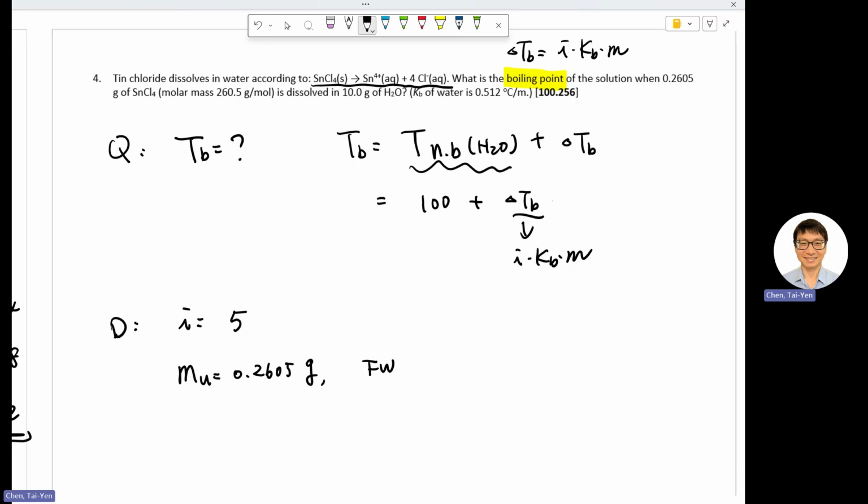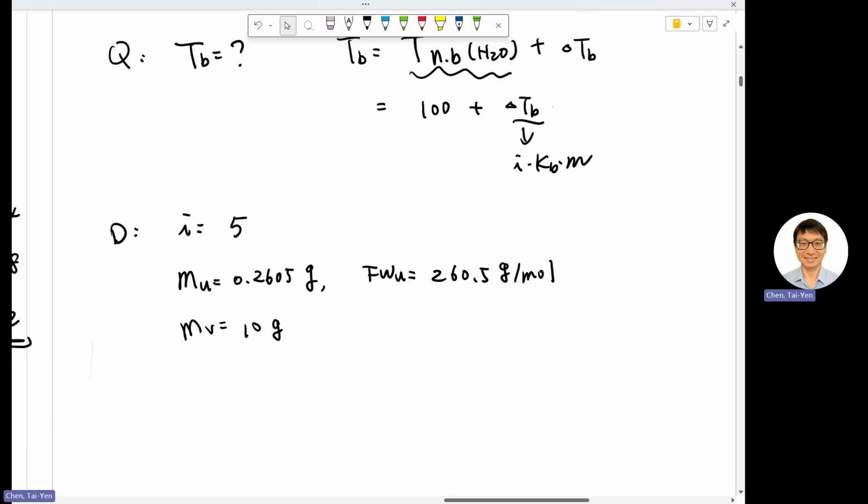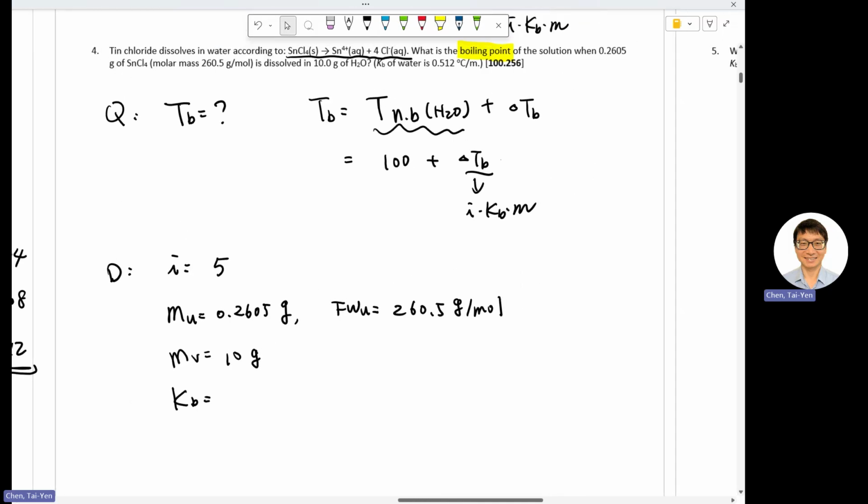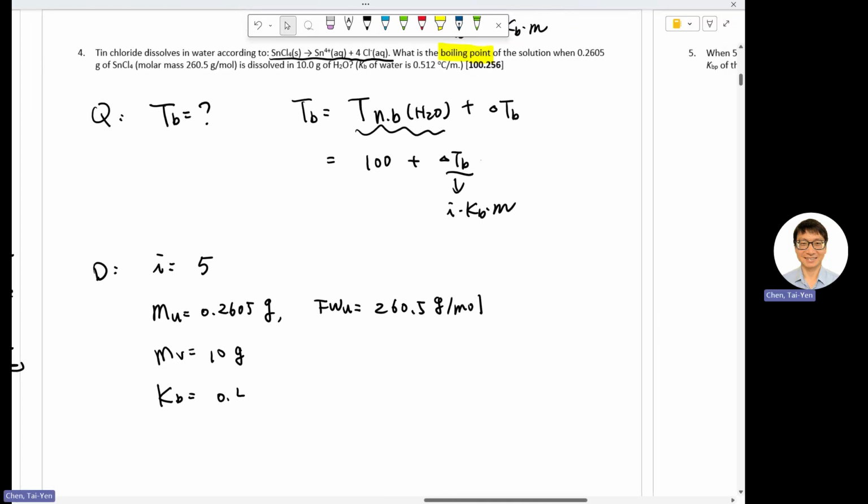The formula weight of your solute is 260.5 grams per mole. Your solvent is 10 gram. And your Kb equals 0.512 degrees C per molality. Those are the things that you should be able to pull out from the question.